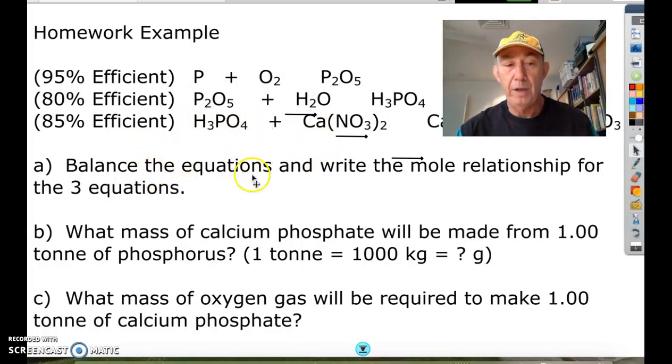So you need to balance these equations and write your mole relationship, and then you need to try the two question types, which is to work out how much product you're going to make, and the second type where you're going to need to know how much reactant you're going to need. So if you can, try and stop and do these. If you can't, go back and have a look at the previous examples, and on the next two pages I have the answers.